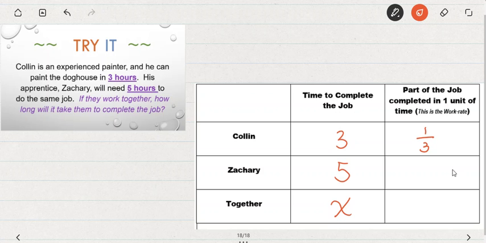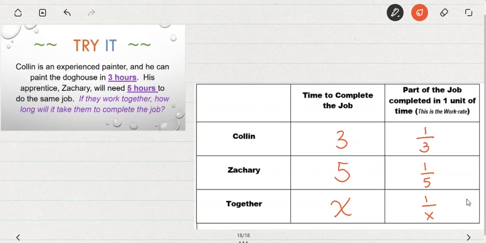If Zachary had 1 hour to work, he'd complete 1/5 of the job. And then we can follow the same pattern to get 1/x as a rate of work together. So that's the second step.